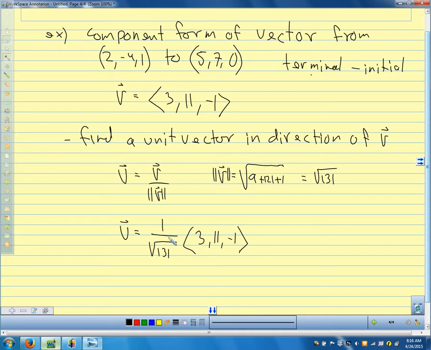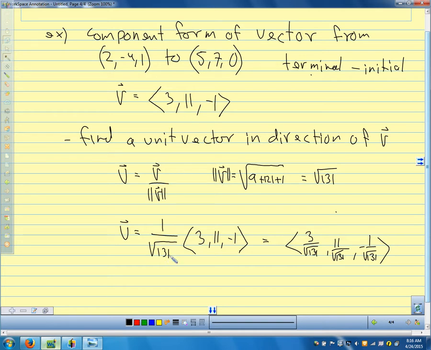I could write this as 3 over the square root of 131, 11 over the square root of 131, negative 1 over the square root of 131. So I just divided this vector by the square root of 131. I just factored out that 1 over the square root of 131 instead of doing it as division. You could write it either way. Either way is fine. We're dividing everything by the square root of 131.